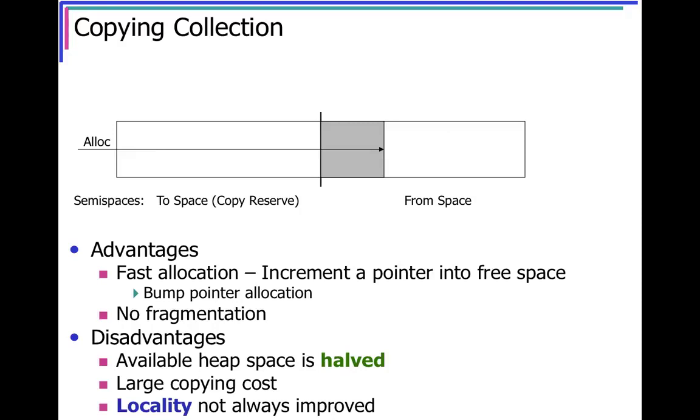The disadvantages, of course, are that we have to divide the heap in half, that we have to copy objects. And just because we've copied the objects and put them next to each other, we don't always improve locality, spatial or temporal, in the memory hierarchy.